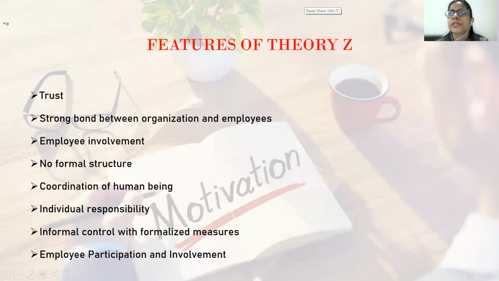Here, what we are doing is, the employees are working for the organization. So if there is no trust between the employees and the organization, the employees are not going to work dedicatedly towards the organization. So the most important feature of theory Z is there should be trust within the organization.